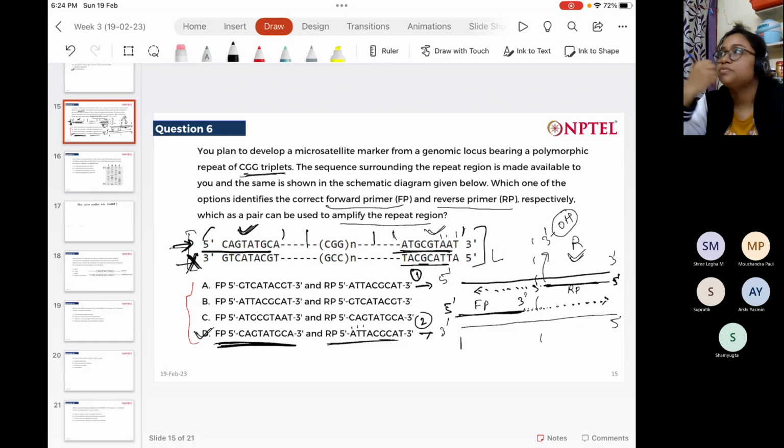So again, when we talk about transcription, there are two strands actually. People give names for these two strands in context with a particular process. So the coding strand usually contains the DNA sequence which codes for the particular gene.